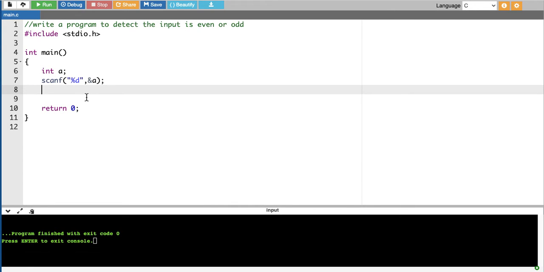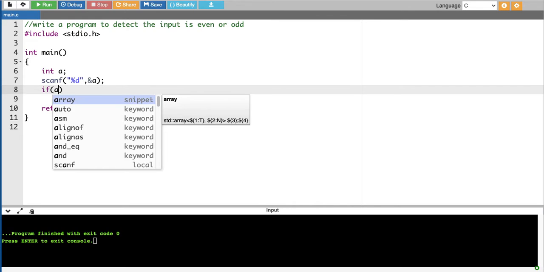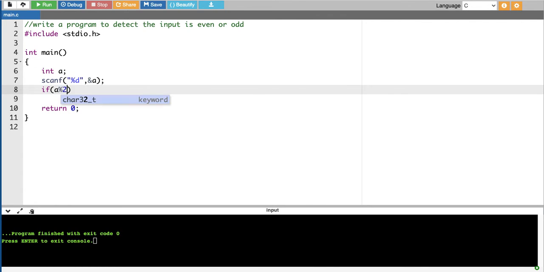Then we have to do such programming. So to get the remainder, we have to use the percent symbol. Okay, so I'm just writing here if a, that means the number, suppose 8 is given or 9, any number that the user is entering, percent 2, this a percent 2 gives us the remainder.